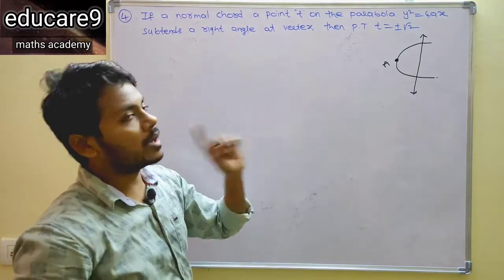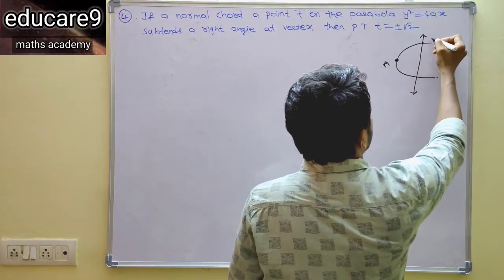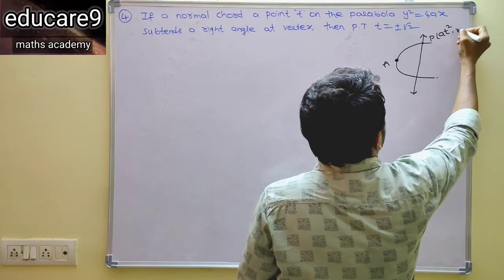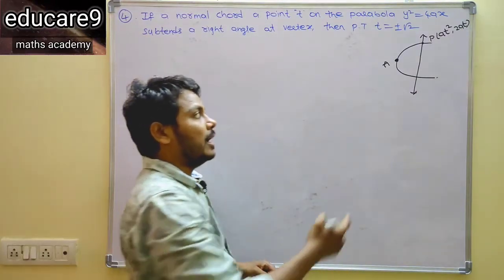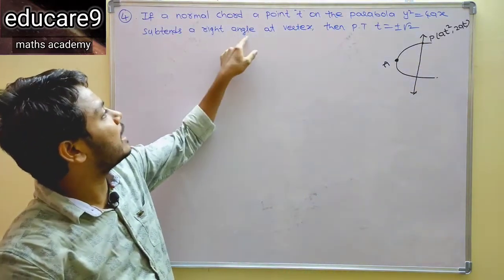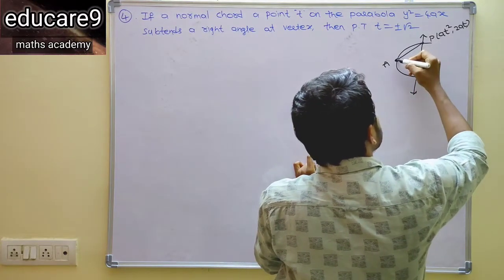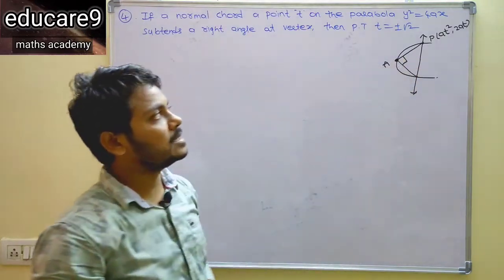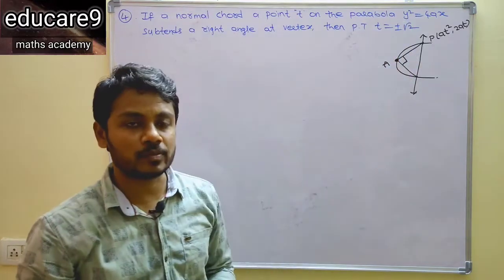So the normal at some point P of t, that is P at square comma 2at, and this normal subtends a right angle at the vertex, means the angle between these two is 90 degrees. Then prove that the value of t is plus or minus 1.